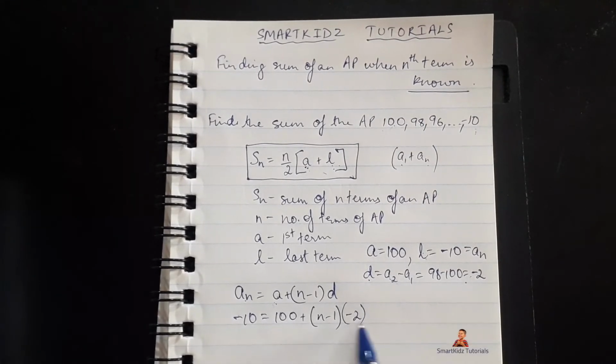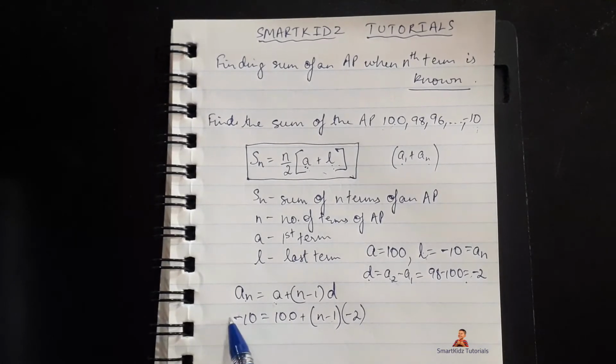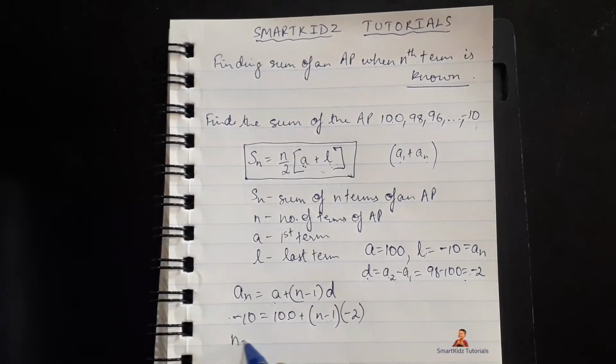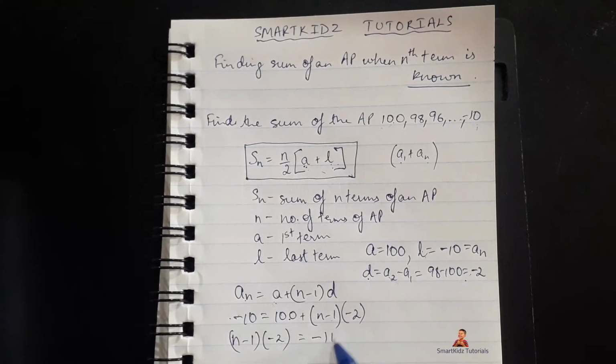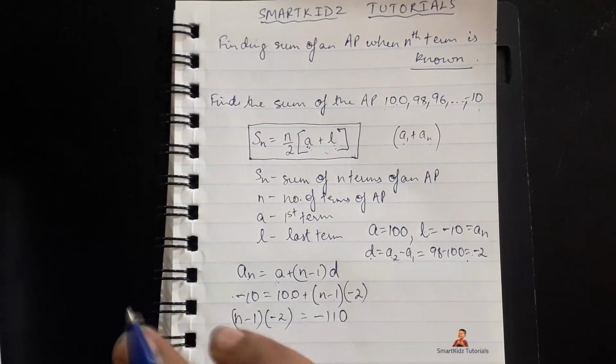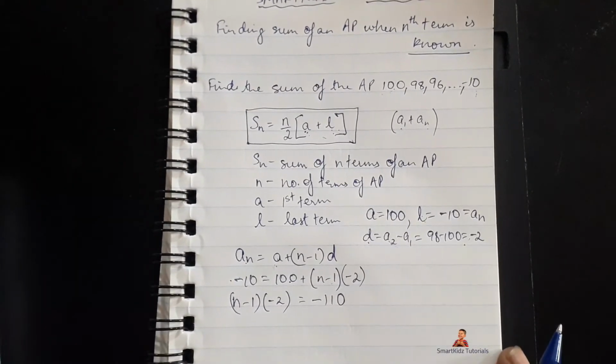Multiplication. Okay, so this is not subtracted but multiplication. If I bring 100 on this side it becomes negative and I'll have my n minus 1 into minus 2 equal to minus 110. So I will just change the positions on both sides.